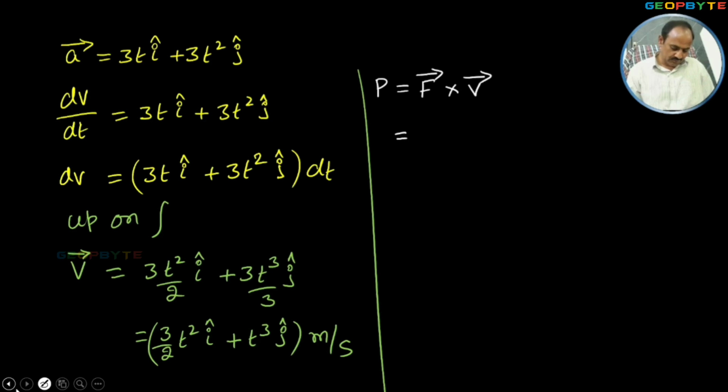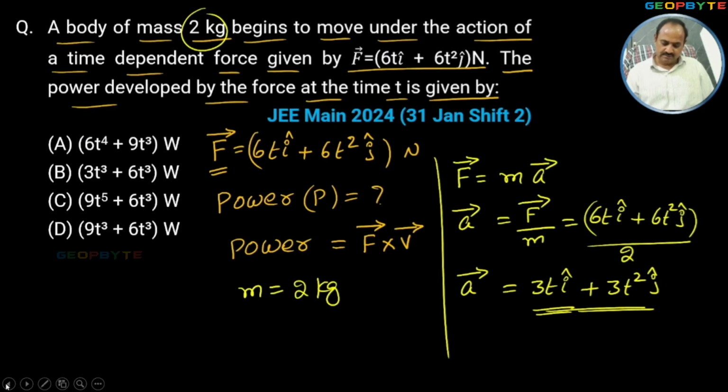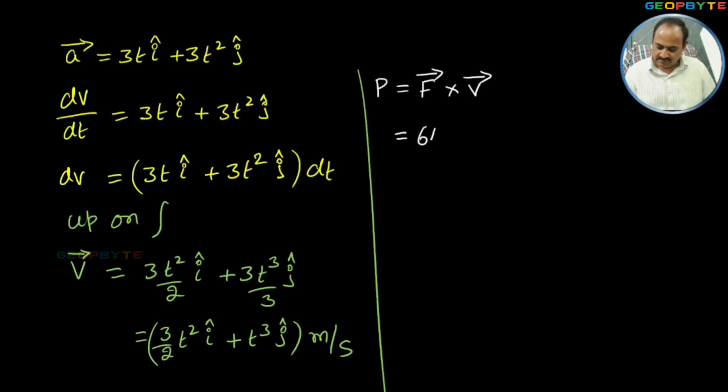Force, what is the force value? Force value is 60 t i cap plus 60 t square j cap. Let us write it on the downside. Power P equals force, 60 t i cap plus 60 t square j cap, multiplied by velocity.